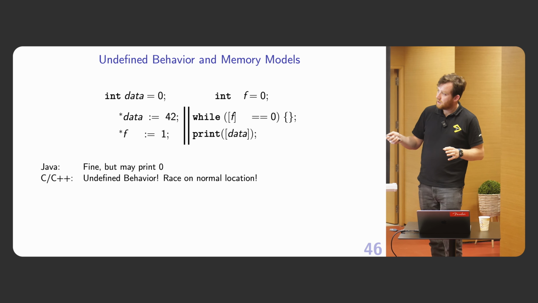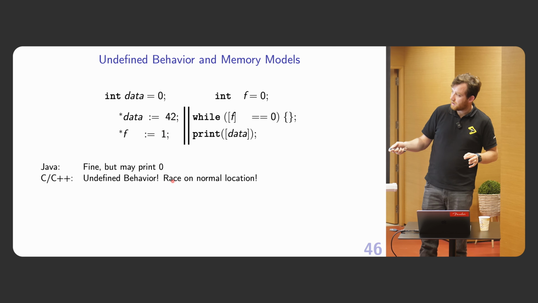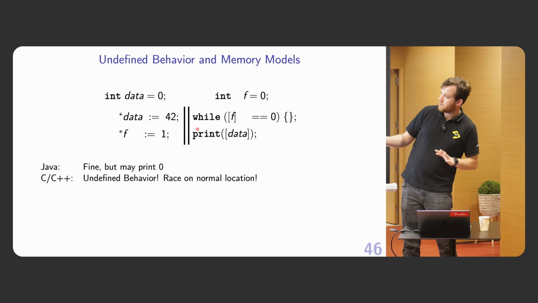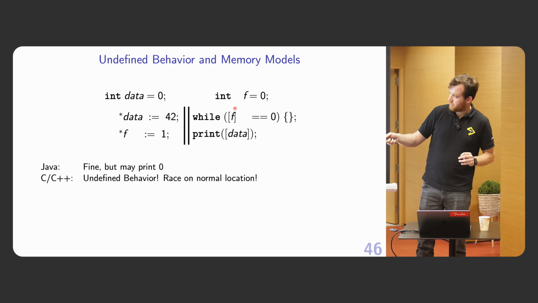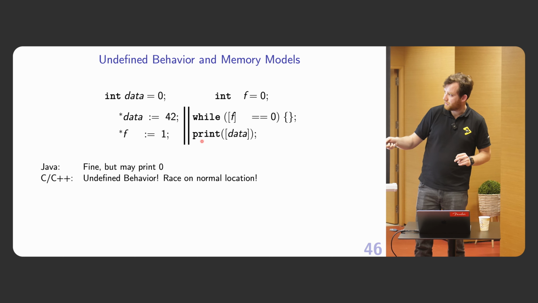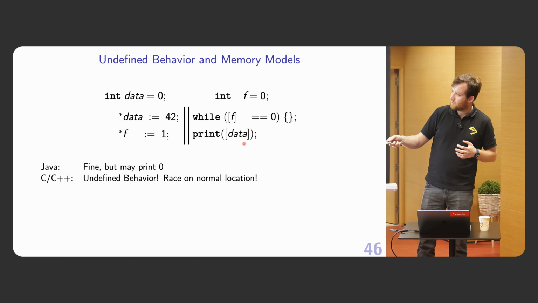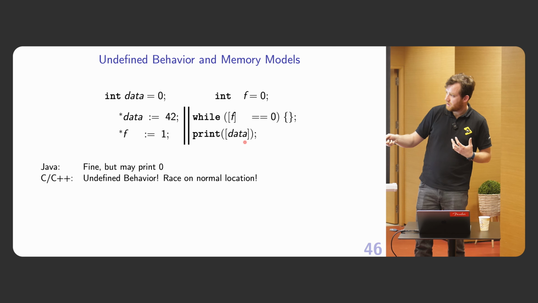Then in Java, you would get a result that, fine, you may get some strange behavior. So here, let's explain the program a bit. Here we have data we prepared, then we have a flag, meaning that data is already prepared. Then we are busy waiting for the flag being set, and then we print the data. So here we would like the only outcome to be 42 being printed, right?